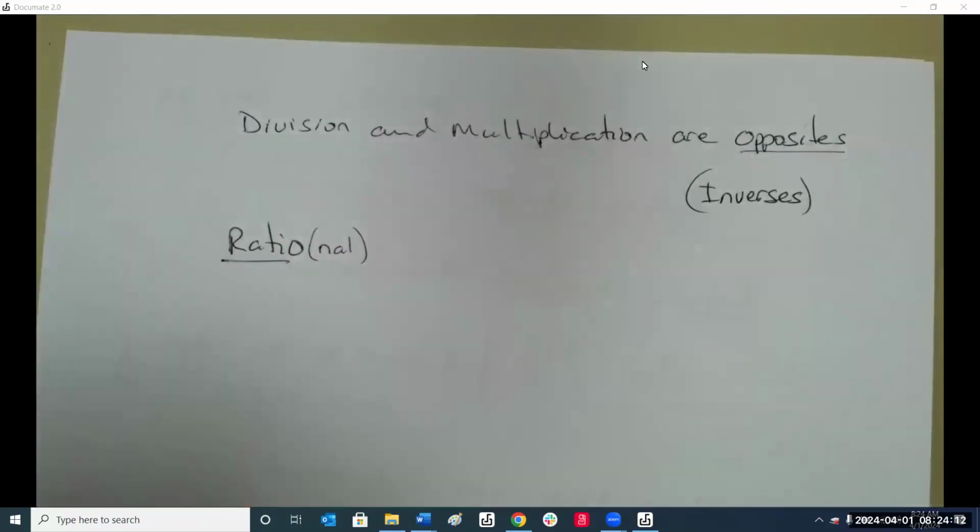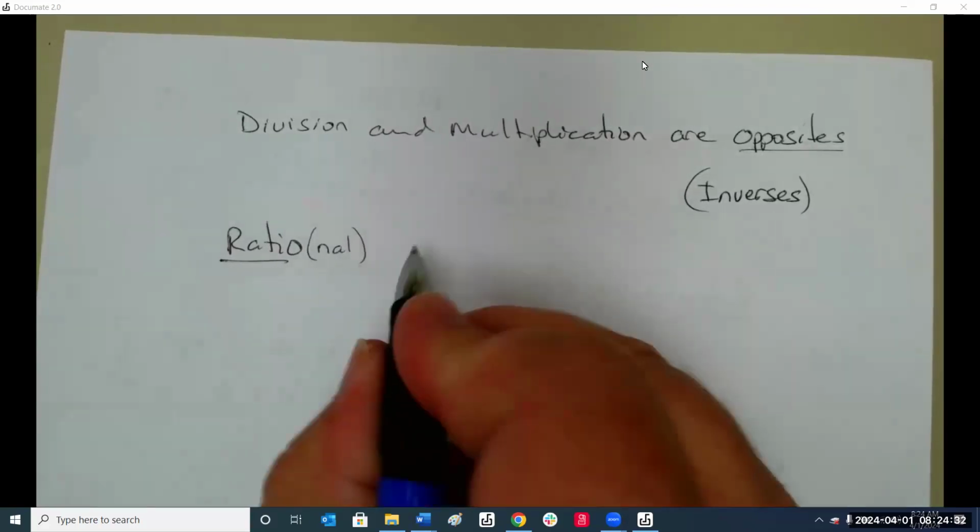Rational. The first part of the word, ratio. How do you define a ratio? Like the linguistic definition, or even in math symbols, math terms.